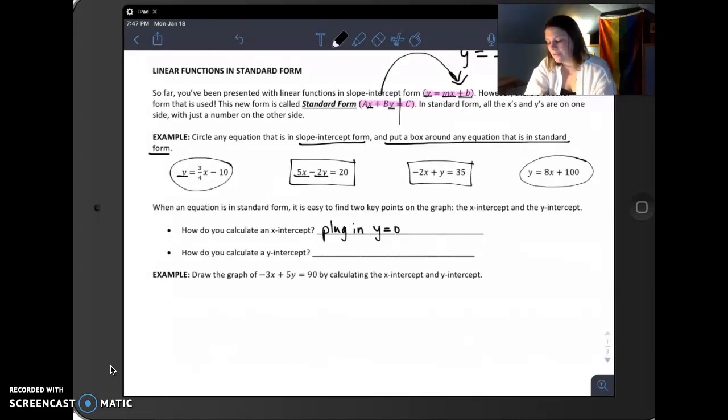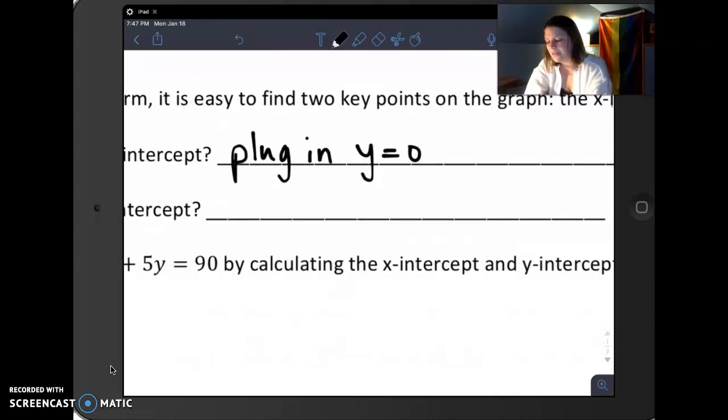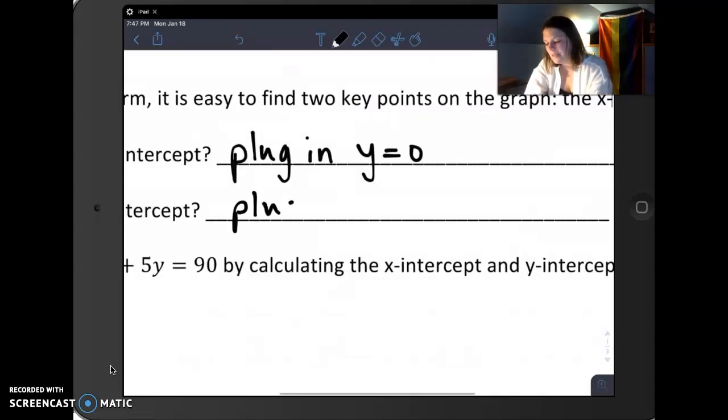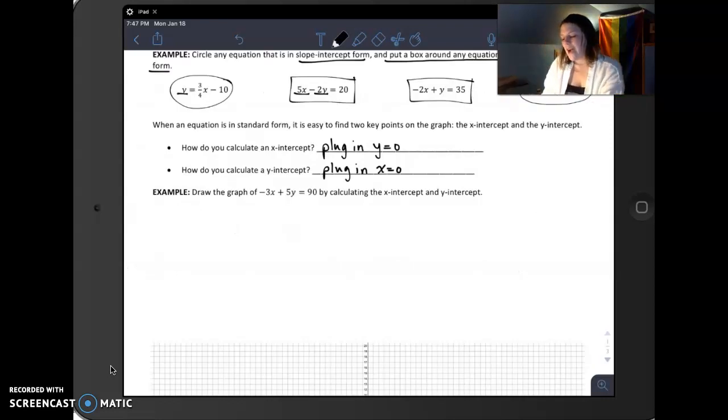And same thing for the y-intercept: you're going to plug in x equals 0. Let's explain a little more. You're going to draw the graph of this function here in standard form, and you have to find the x-intercept and the y-intercept first.